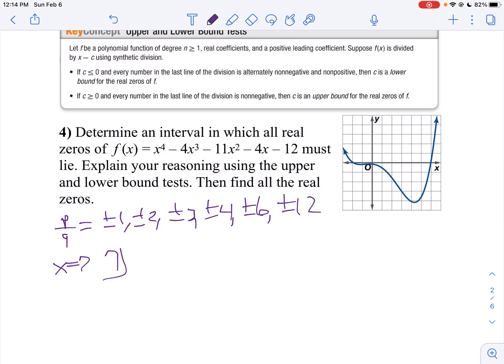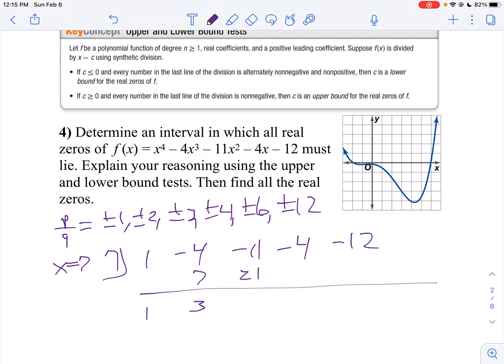Then it'll be 1x to the 4th, negative 4x to the 3rd, negative 11x squared, negative 4x, and negative 12. So I bring down the 1. 7, so I get 7 minus 4 is 3, so I get 21. 21 minus 11 is 10. 10 times 7 is 70.